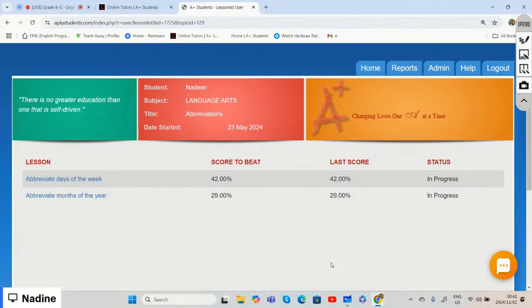All right. So, like I said, both days of the week and months of the year are shortened forms, which we call abbreviations, of these words: days of the week, months of the year.